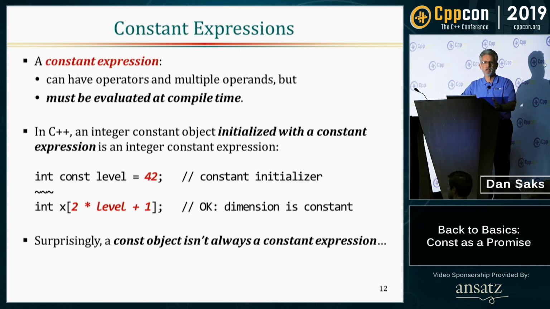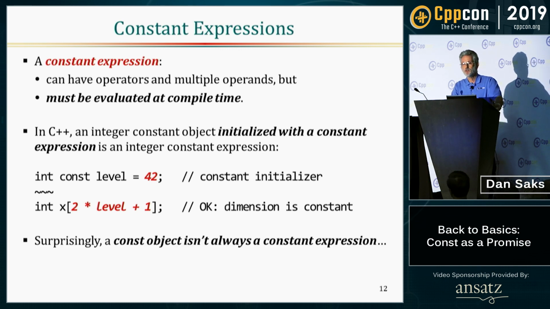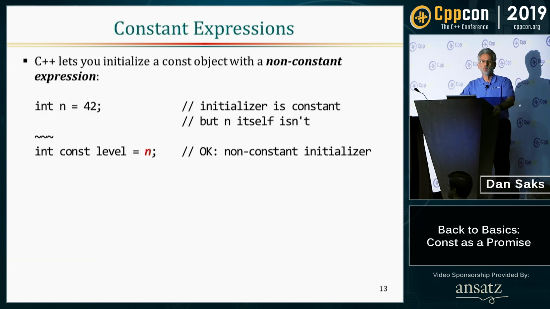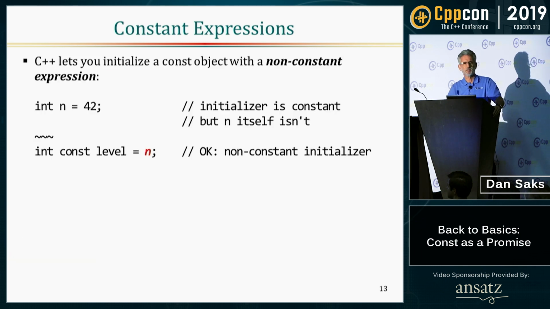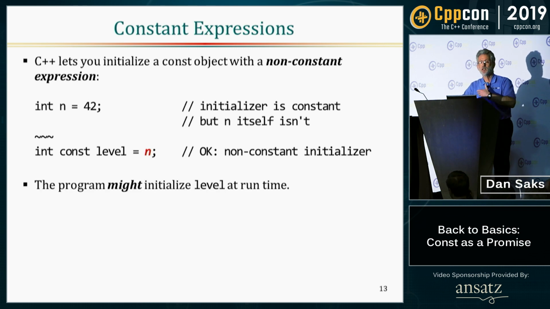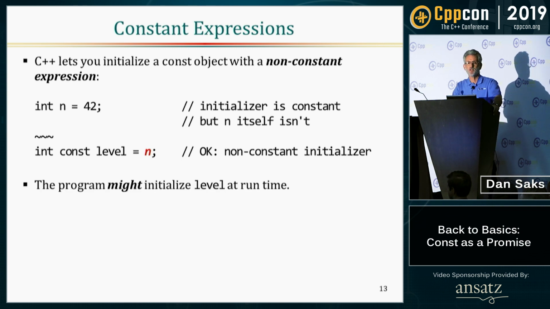That's a perfectly legitimate array dimension. But surprisingly, const objects don't always result in constant expressions, and the reason is because you can initialize a constant object with a non-constant initializer. And when that happens, the compiler might defer the initialization until runtime.